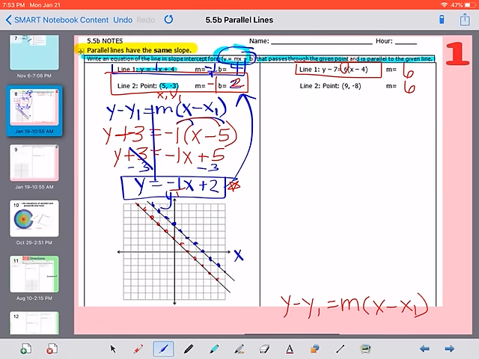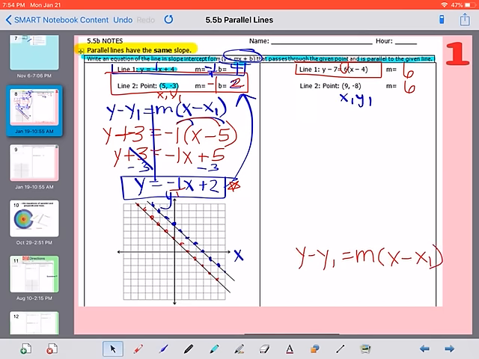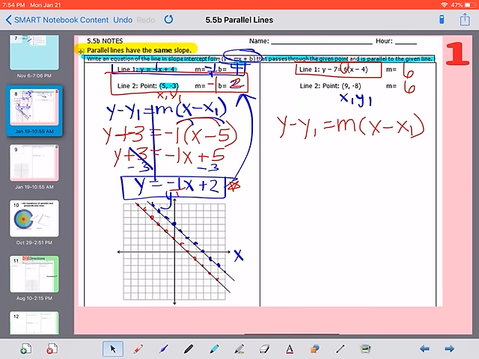So we need to find a line, like it says here, in the form y equals mx plus b that goes through this point and has that slope. So we're going to use this point-slope form that I just talked about and plug in what we know. Y minus y1, which is -8, those two negatives make a positive, equals our slope, which is 6, and then x minus x1, which is 9.